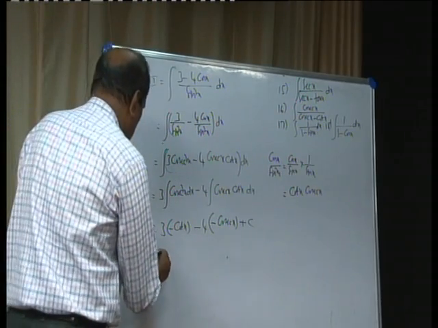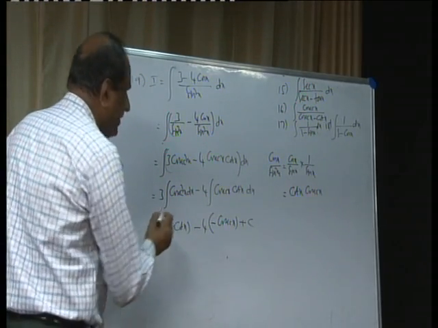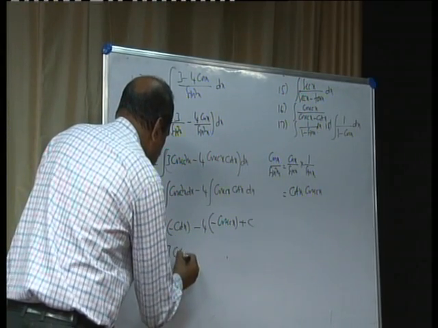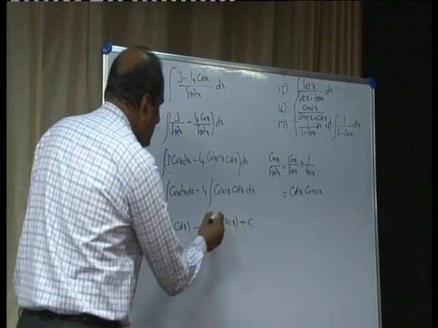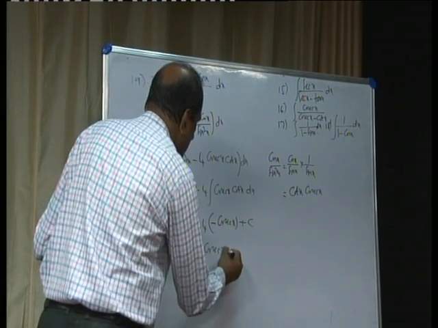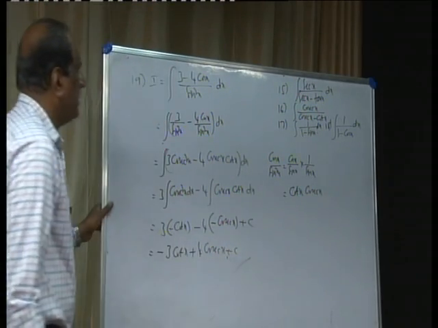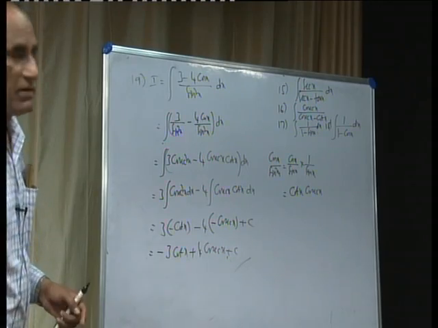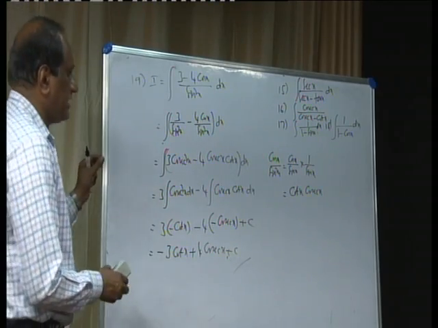This is equal to, see here, plus into minus is minus, so minus 3 cot x, minus into minus is plus, so plus 4 cosecant x plus c. So, this is the final answer to integrate (3 minus 4 cos x) divided by sin square x.